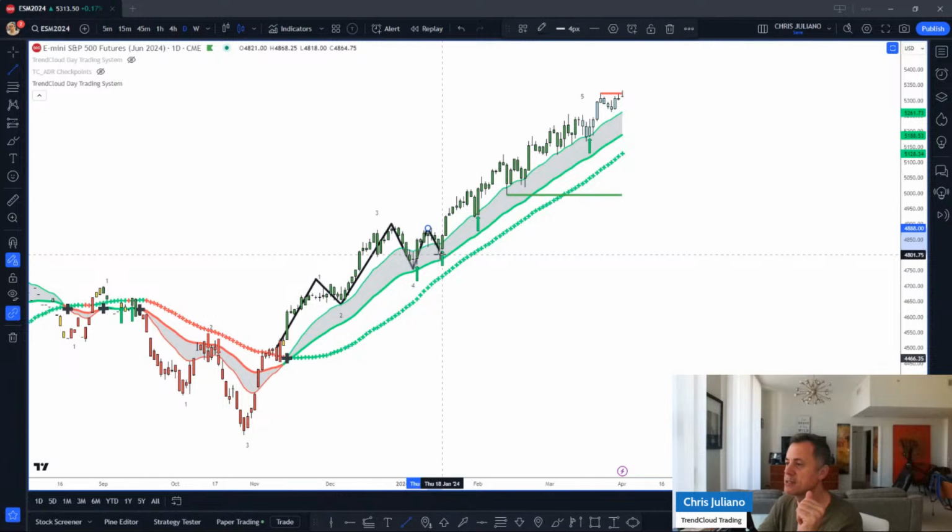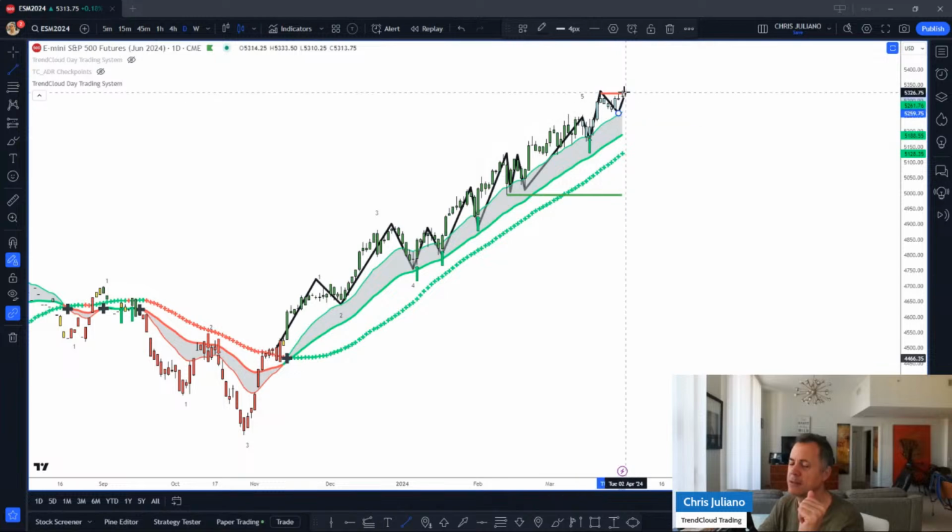Went sideways, corrected back into TrendCloud. Impulse up, correction back into TrendCloud.